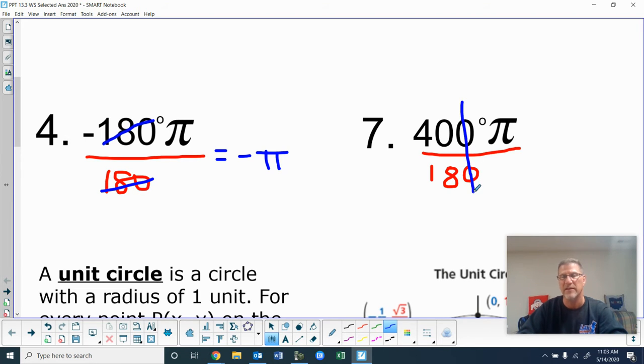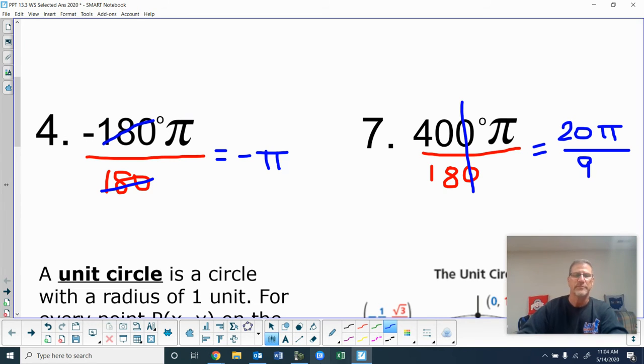It's like dividing by 10, and then 2 goes into both of those. So 40 divided by 2 would be 20, and remember, pi stays in my numerator. And then 18 divided by 2 is 9. So 20 pi over 9 would have been number 7, okay? So when we get to our practice quiz and quiz, we're going to have a few of those types of problems.